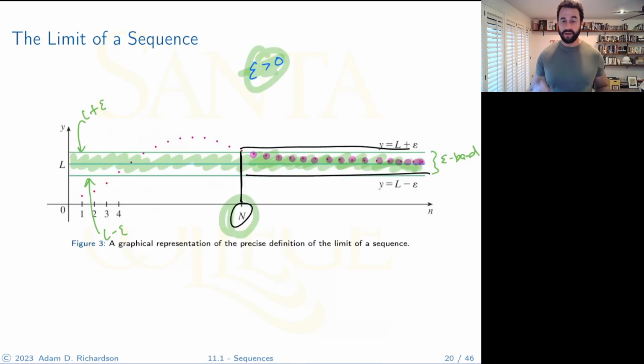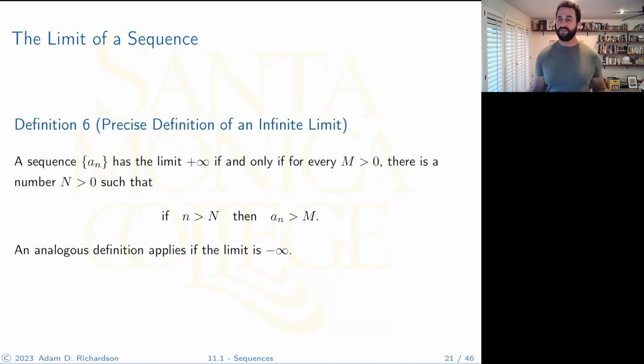Okay, so what we're talking about here is finite limits at infinity. So if your sequence converges to a number, this is basically what the picture looks like. You can also talk about having an infinite limit at infinity. And that means that your sequence goes to infinity as n goes to infinity. So what is the definition of that?